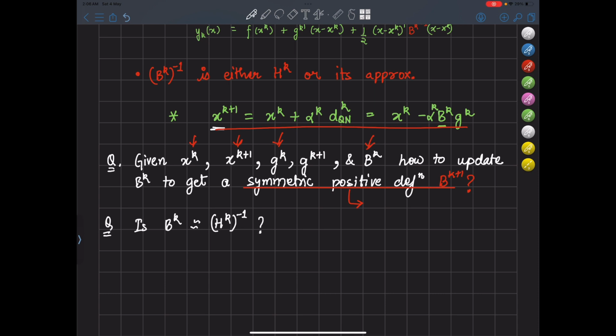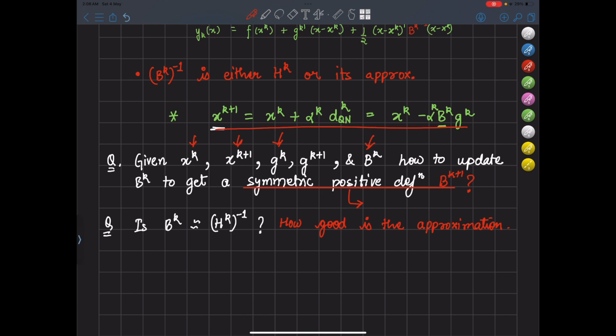And if it is, how good is the approximation that we want to answer?